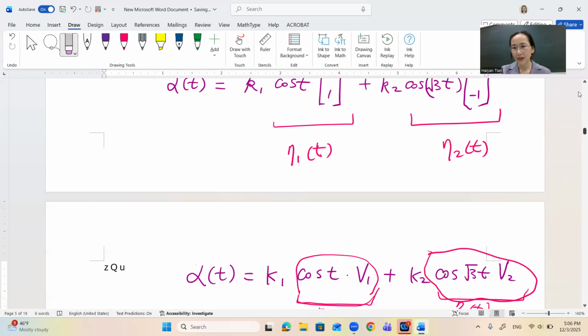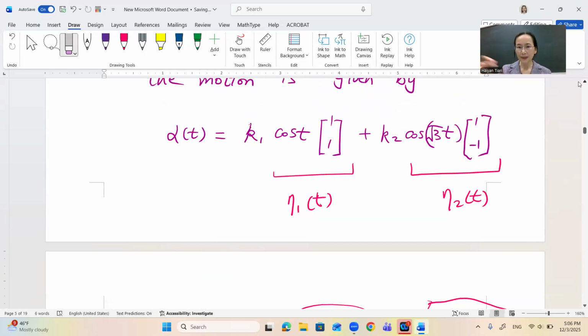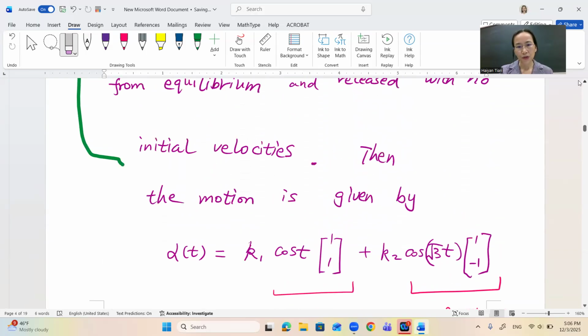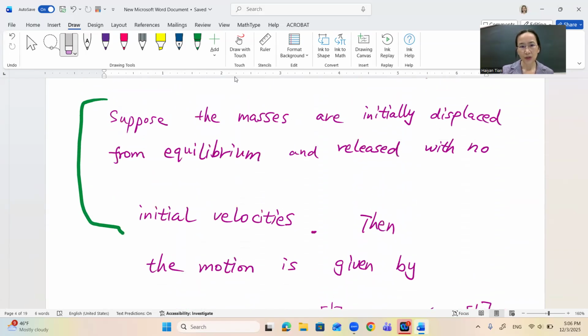So as you can see, we have two normal modes that can generate any motions of this kind of system.